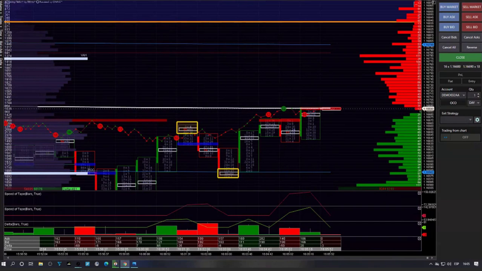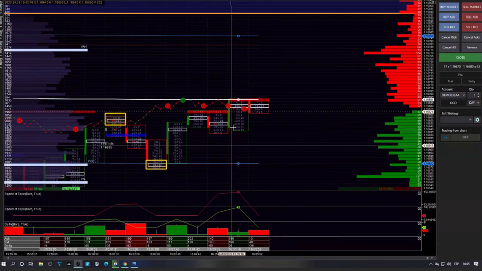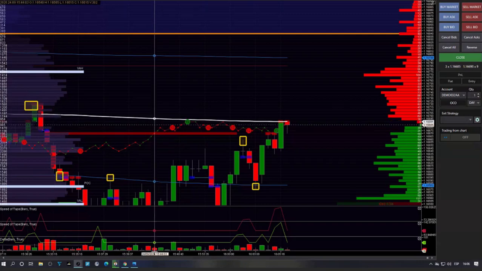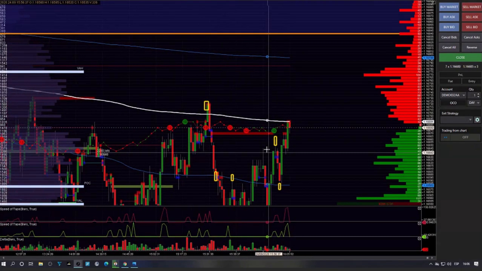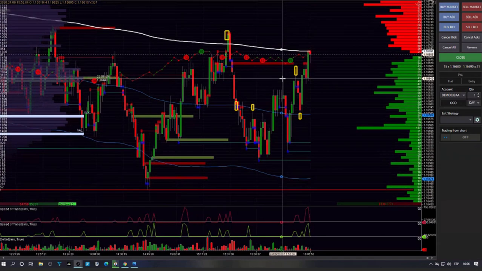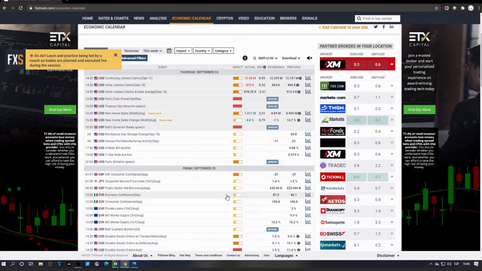One other thing I recommend you do is, when you're trading and you have found your bias and have determined when to enter, where to exit, and where to put your stop loss, before that, always take a look at the economic calendar, because one of these big events might change everything.